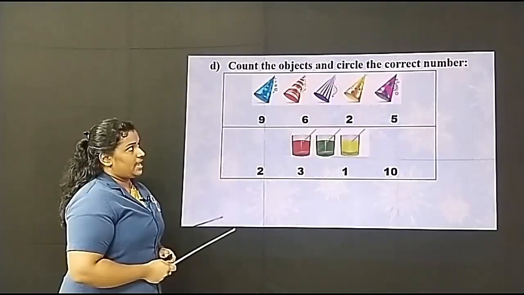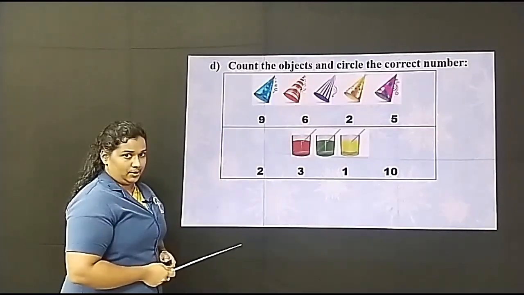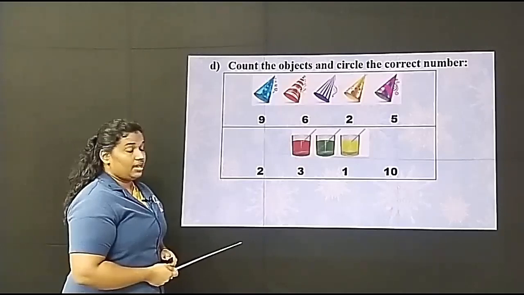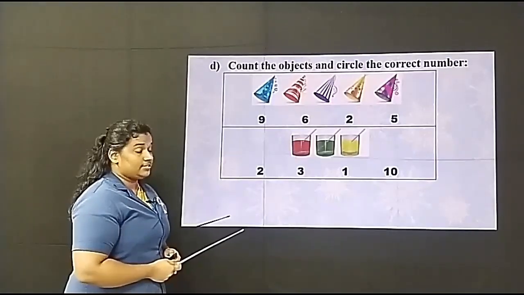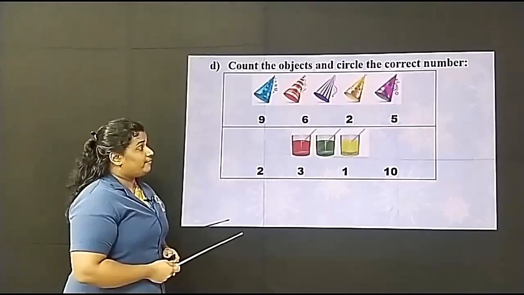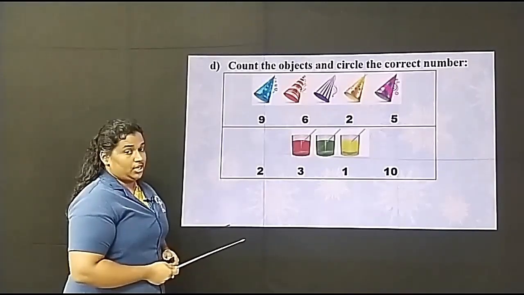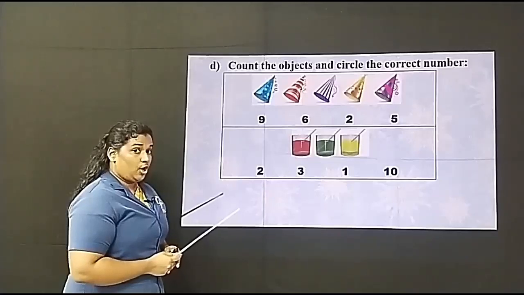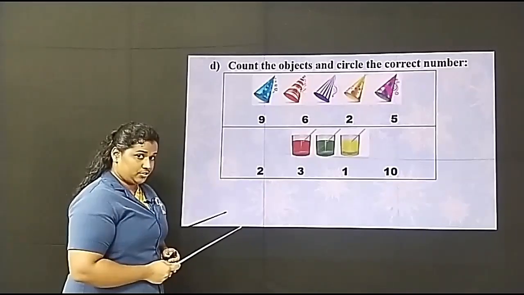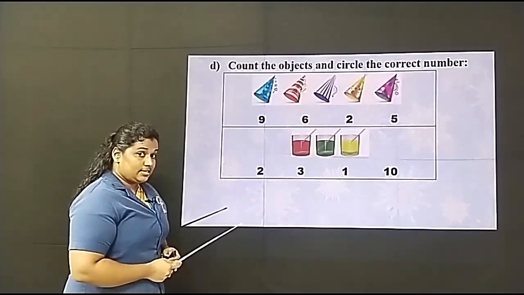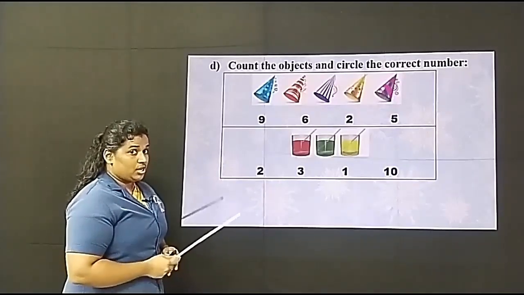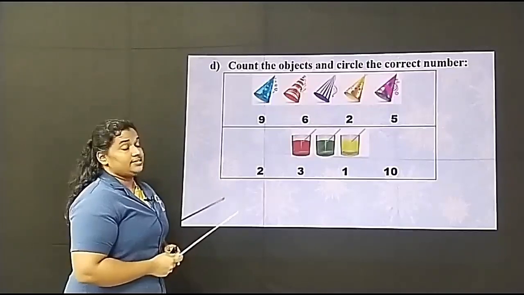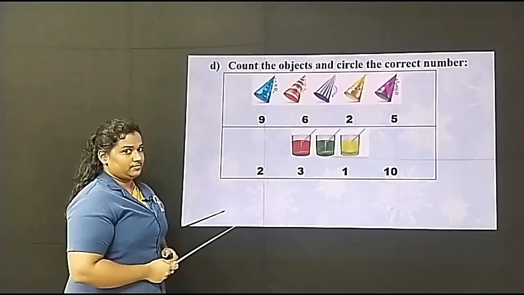Count the objects and circle the correct number. Here I have given picture of objects and under the picture I have given 4 numbers. You have to count how many objects are there in the given picture and circle the correct number. So, count how many party hats are there in the first picture?